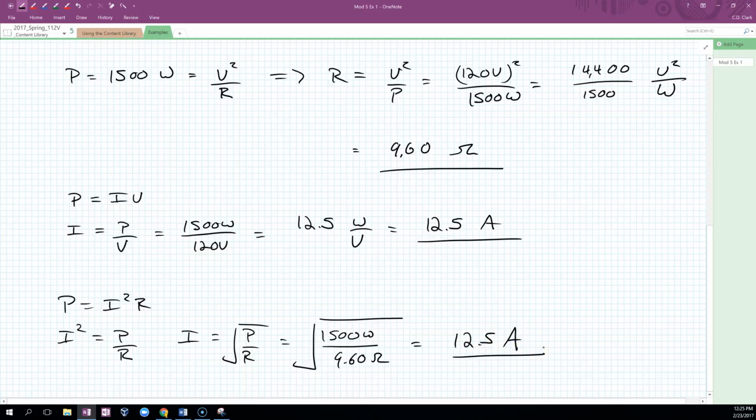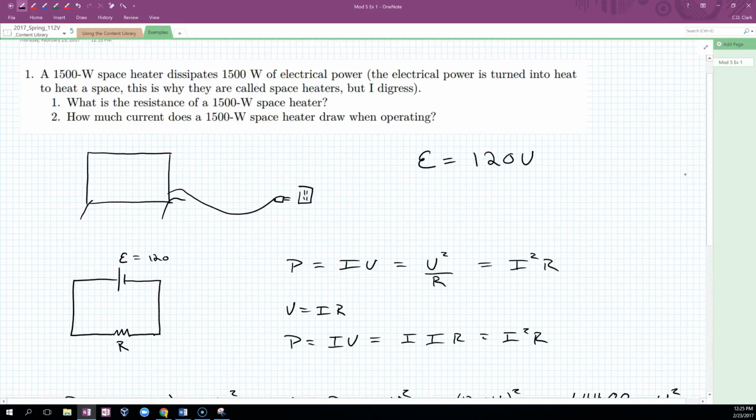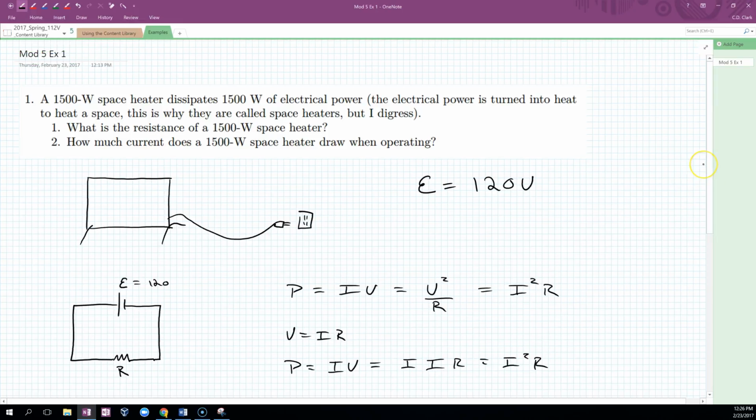So I should, of course, get the same answer regardless of how I calculate the current. And that's it. That's the answer here. So if we know how much power the appliance dissipates, and we know what the voltage that it's connected to is, we can determine how much current it's going to draw, and we can determine what the resistance must be.